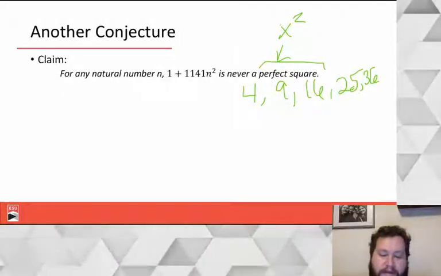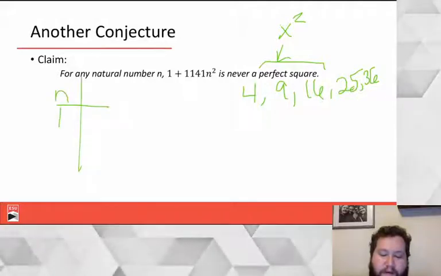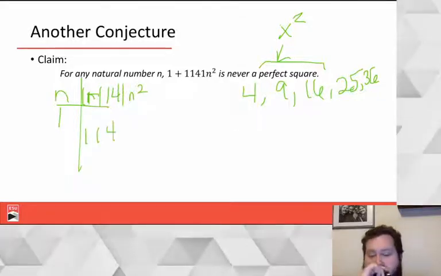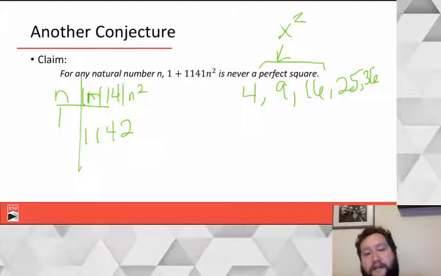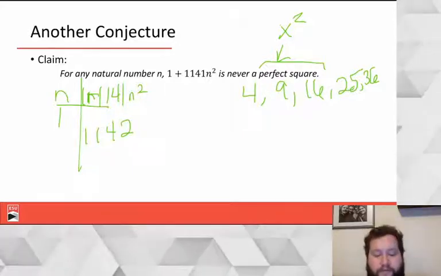Well, let's start with a table. N equals 1, and then our n, 1 plus 1141 n squared. Well, this is 1142, and that's not a perfect square. You're going to have to either trust me or type that into your calculator and take the square root of 1142.